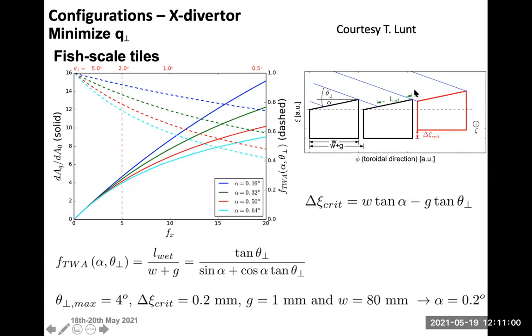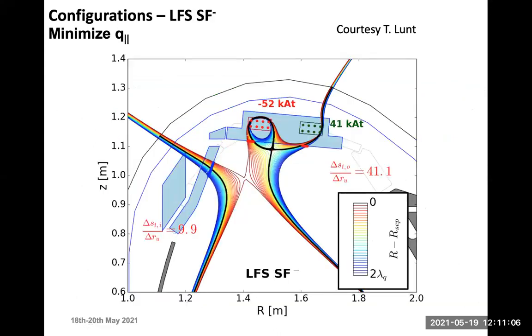So if you want very shallow angles, then this one becomes smaller and smaller. So this is the problem of the X diverter, especially because it lives off these very shallow angles, and so it introduces this complication when you work with this type of monoblocks.